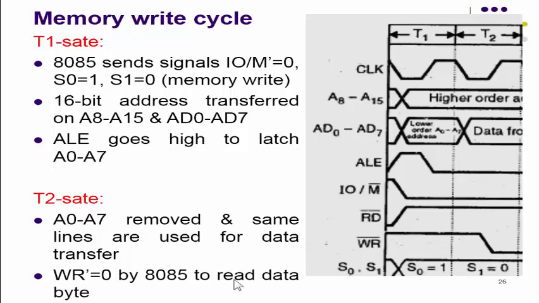So there is a printing mistake here. WR bar indicates data writing operation, not data read operation. Okay, so WR bar is made 0 by the 8085 microprocessor to write data in the memory.